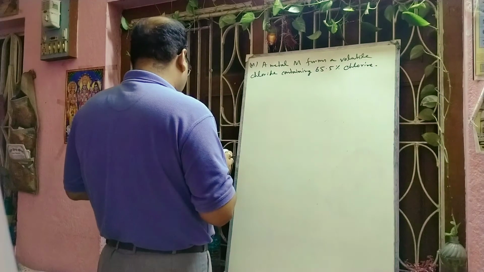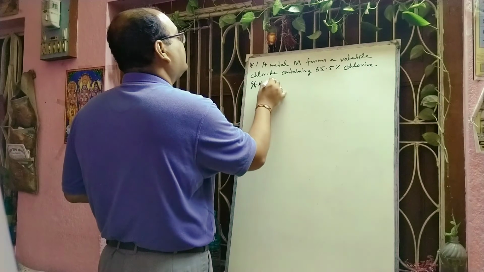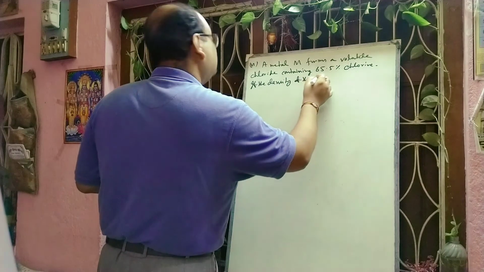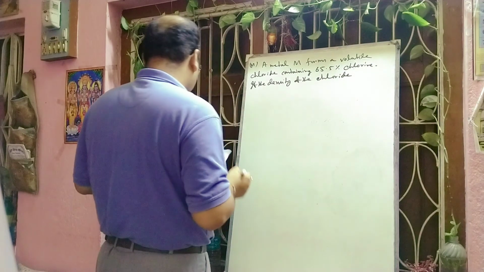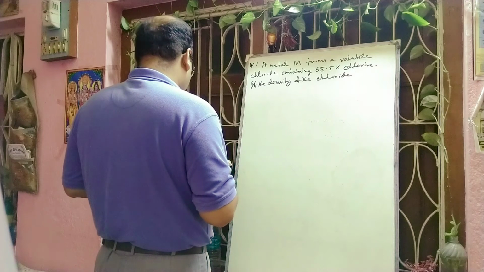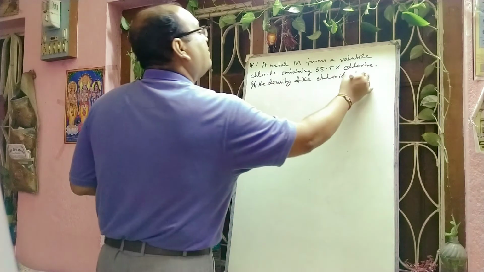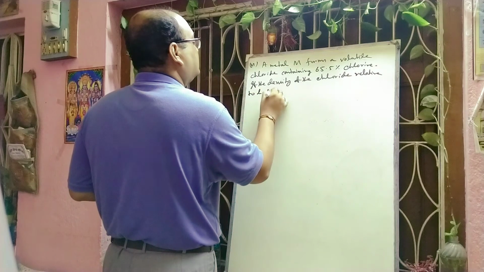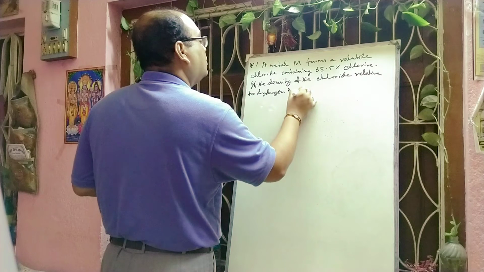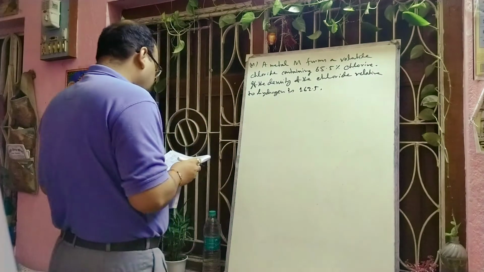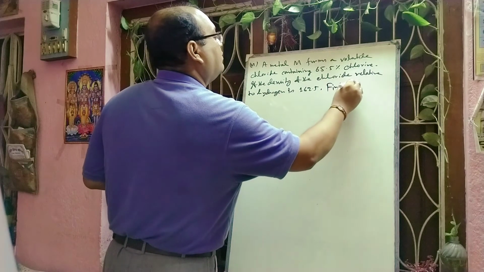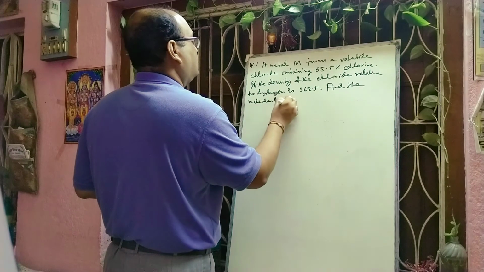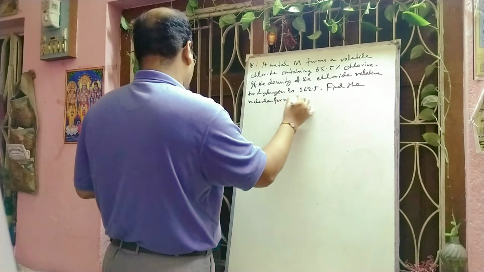If the density of the chloride relative to hydrogen is 162.5, find the molecular formula of the chloride.